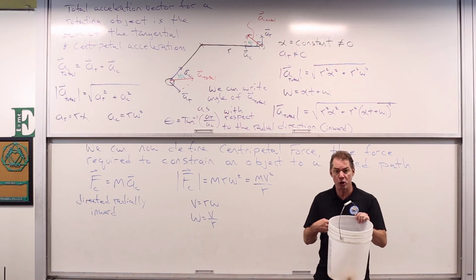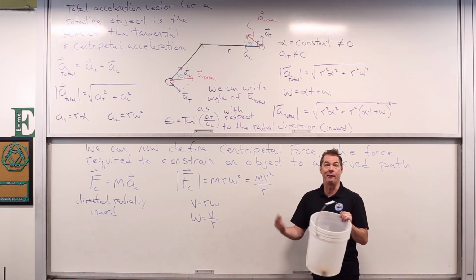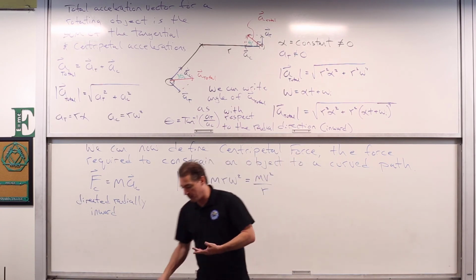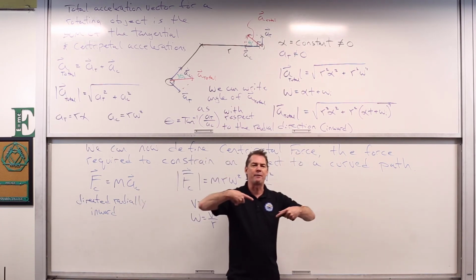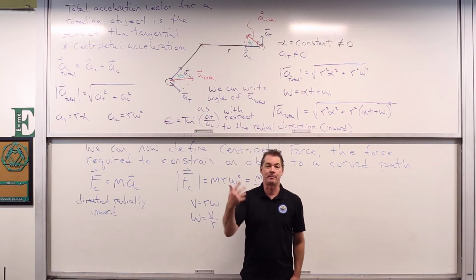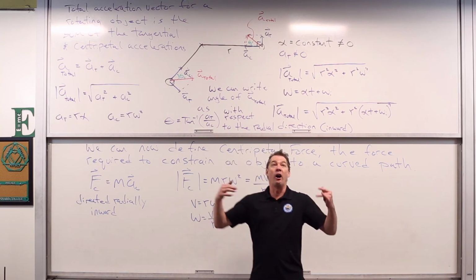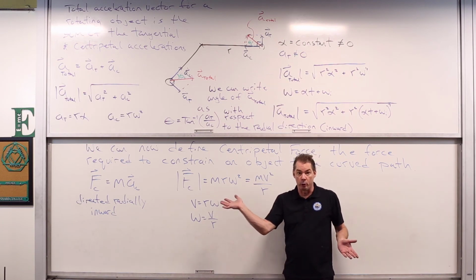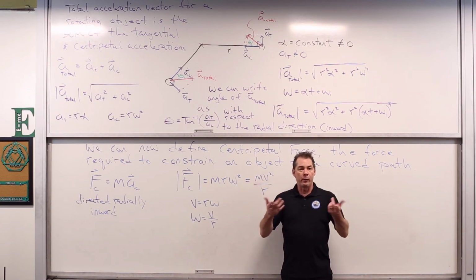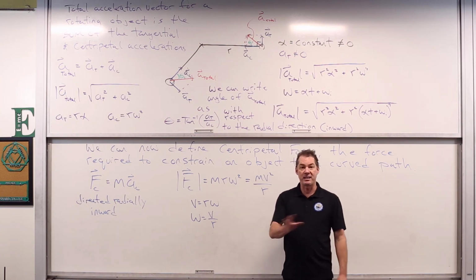The normal force is pushing it inward as it rotates around, perpendicular to the surface of contact between the bucket and the ball. You drive in your car and you go around in a circle or turn the corner, guess what? There has to be some sort of centripetal force that allows you to produce that curvature. What provides that force? Friction. The force of friction allows that to occur.